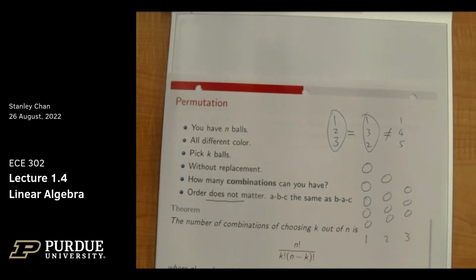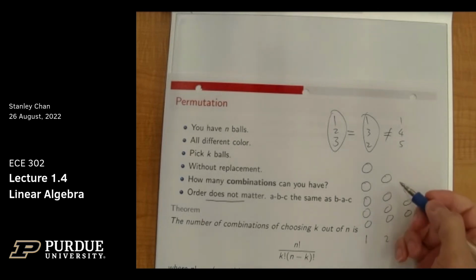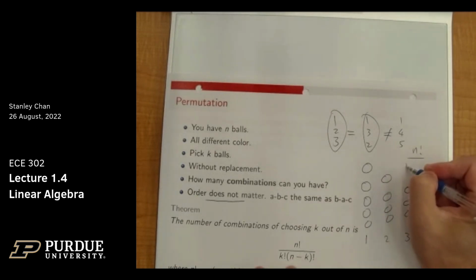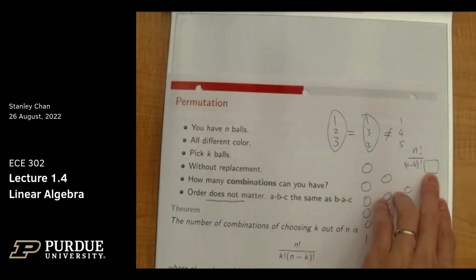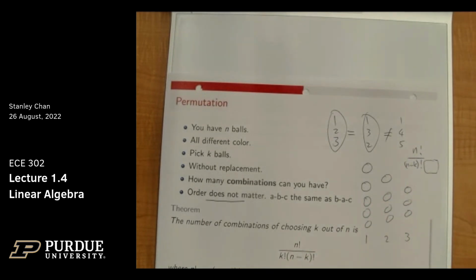So I look at those, and then I say, the combinations, okay? By shuffling the order of this 1 and 2 and 3, doesn't matter, right? So I just need to divide this permutation, which is n factorial divided by n minus k factorial, by something. And what is that something?